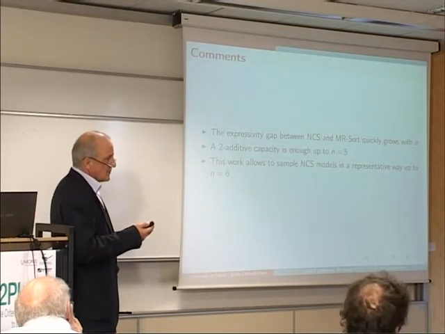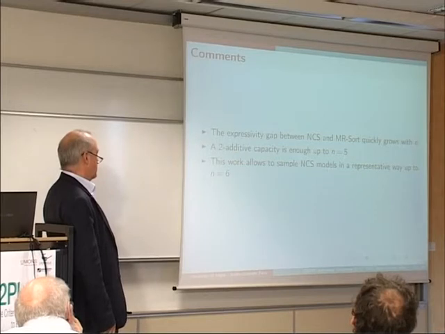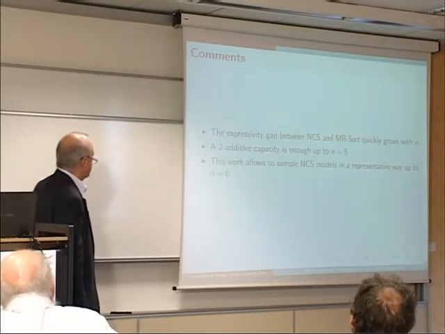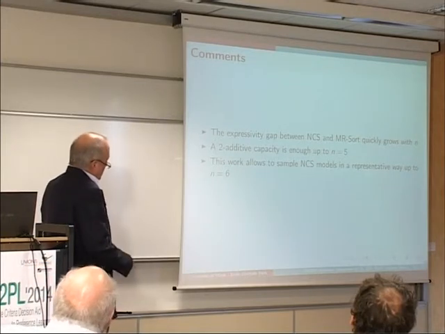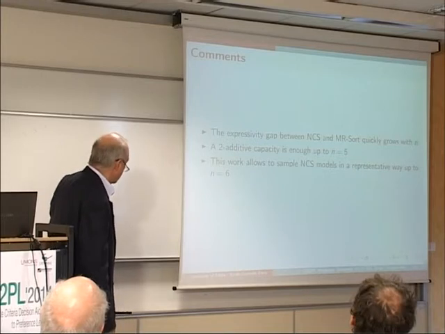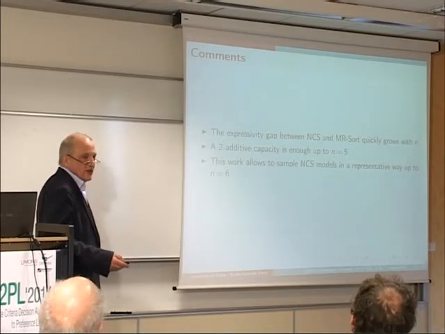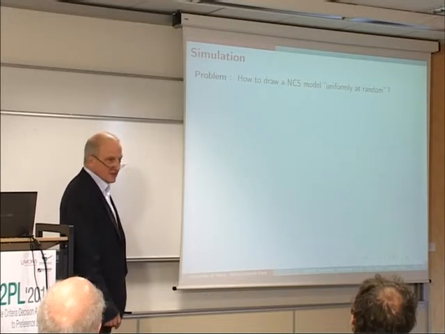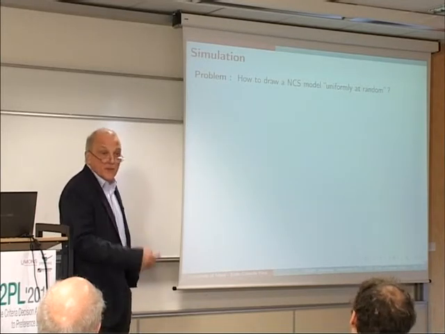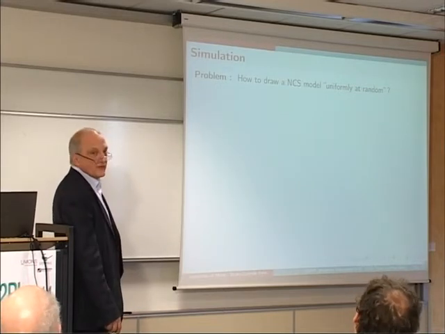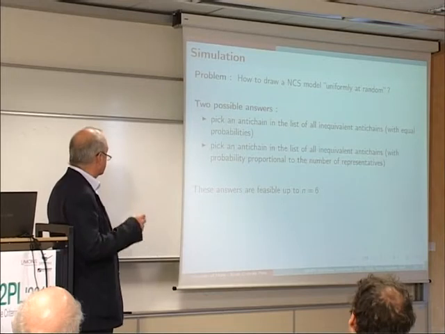The expressivity gap, the gap between the 2 models, seems to grow very quickly with n. Another observation is that the 2 additive capacity is enough up to n equal to 5. And we have a list that allows us to sample examples of NCS model uniformly at random in some sensible sense.